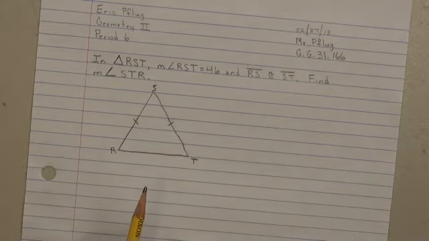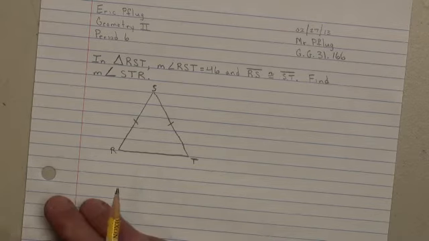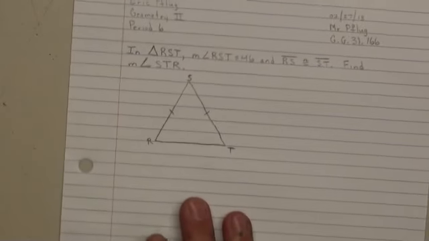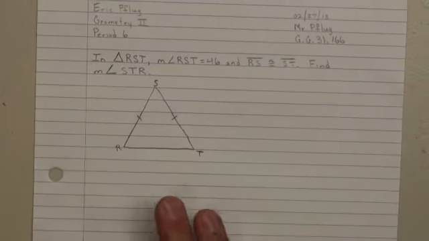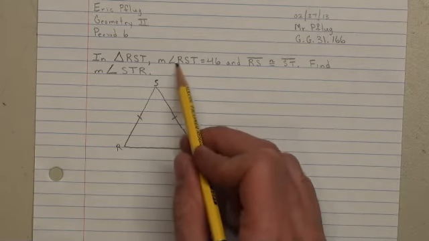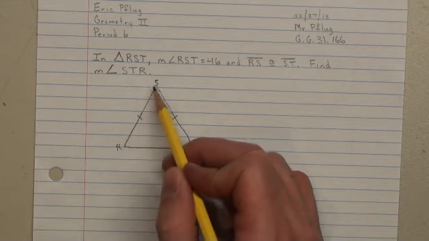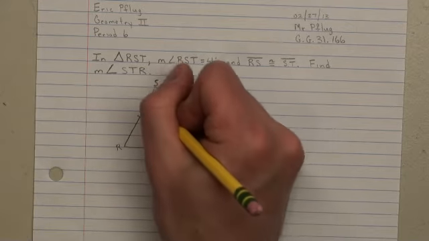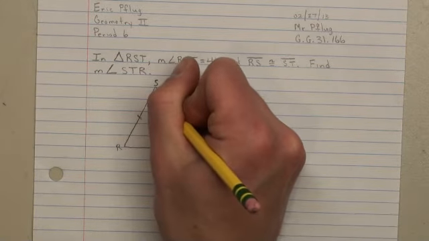I mean, you can, but it just makes it a little bit more complicated to look at. But if we did do that, we could always just turn our page if we had to. But it's just better to do it this way. So, RST, the measure of angle RST, that's this angle. The S is where the middle of the angle is. It's 46 degrees.